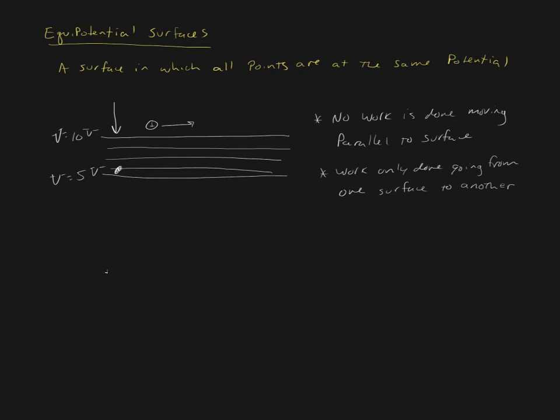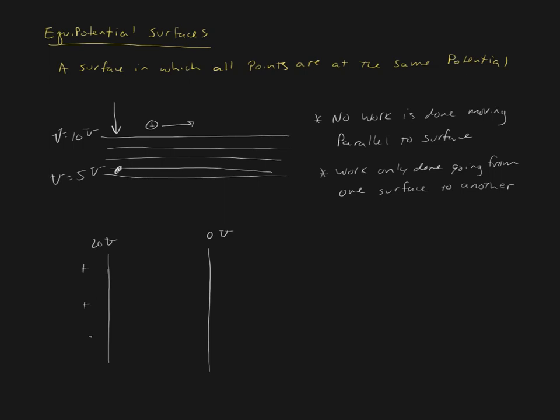Let's do an example with parallel plates. This is the easy one to understand. We'll say that this plate is at 20 volts and this one is at 0 volts. It doesn't matter whether it was 120 and 10 or 100, it can be whatever.